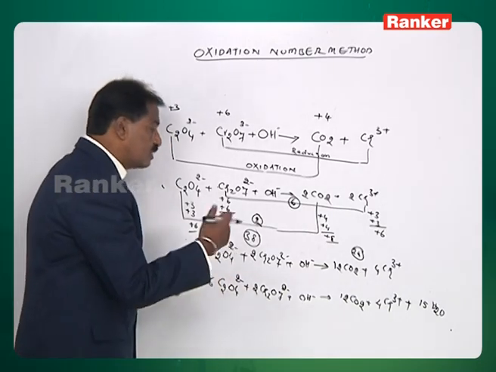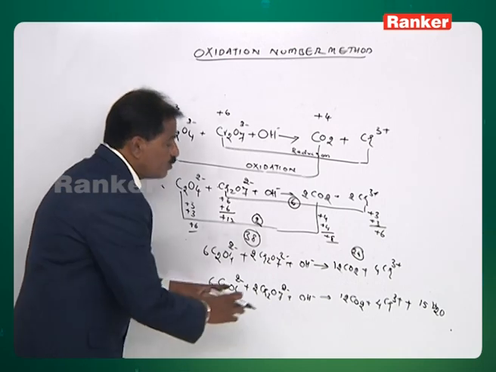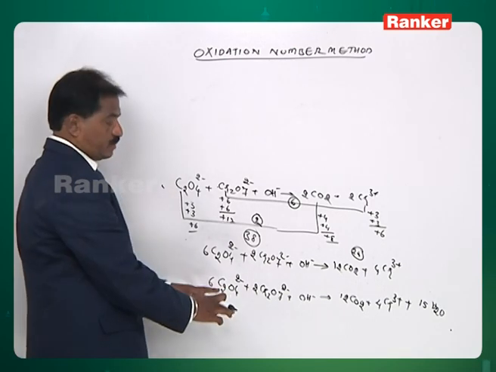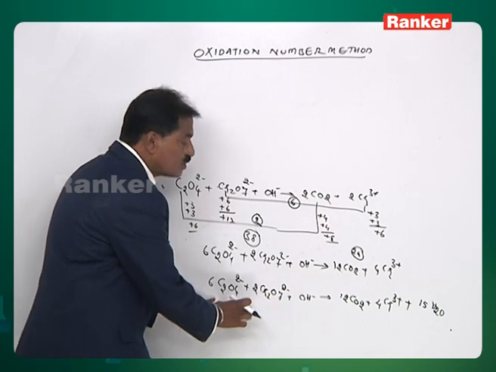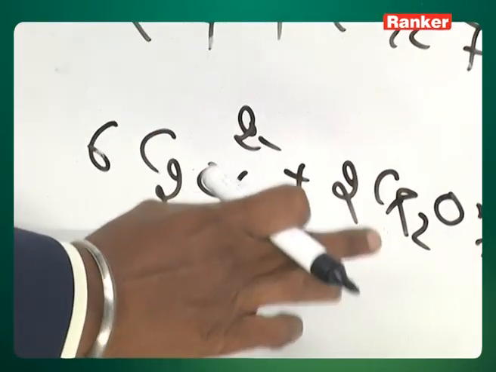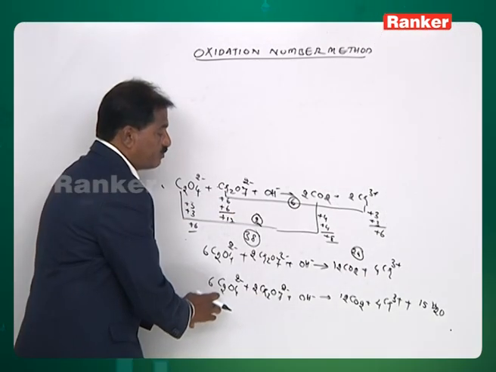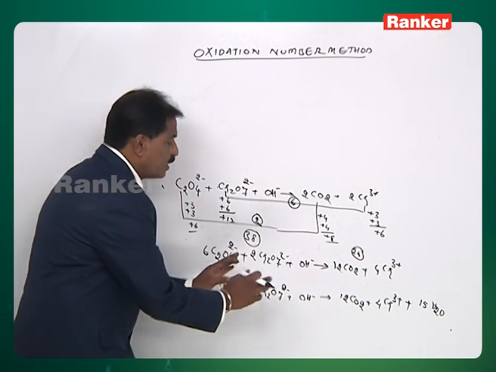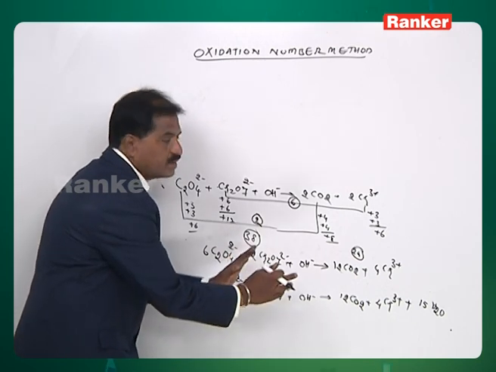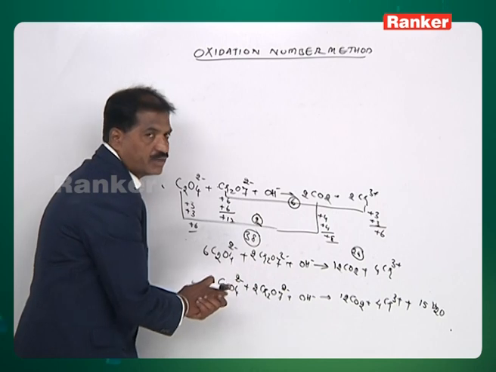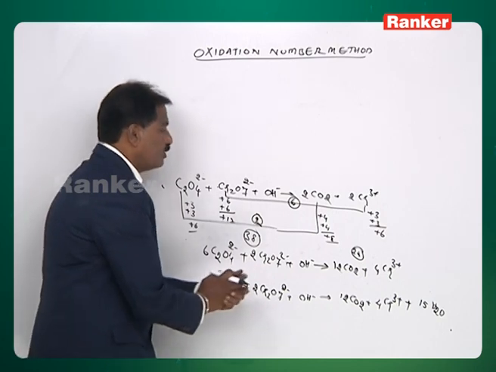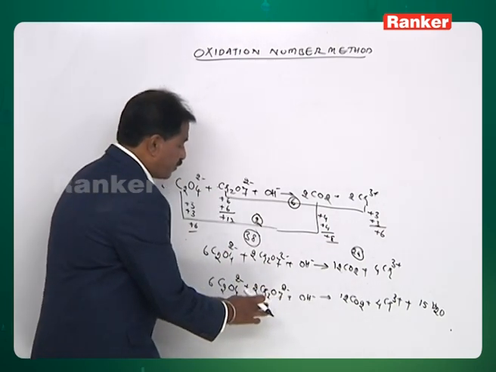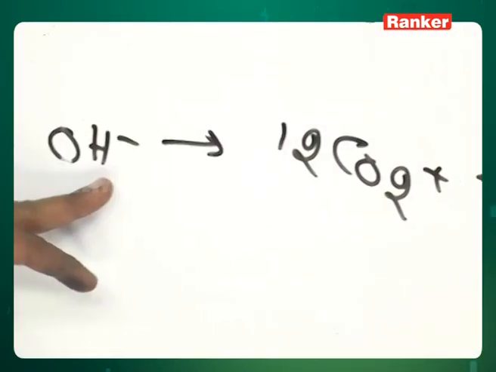Next, after balancing the oxygen atoms, now we have to balance the hydrogen atoms. For balancing the hydrogen atoms, again verify which side is excess and which side is deficient in hydrogen atoms. Here in this reaction, on the left side we have only one hydrogen atom.